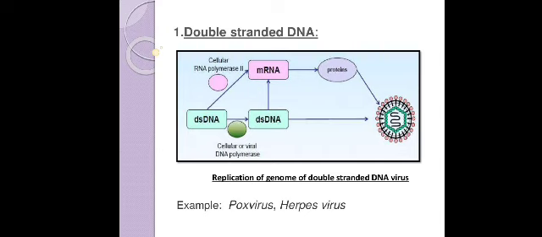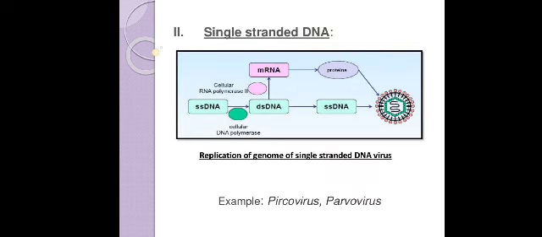This mRNA synthesizes a protein, and this double stranded DNA is the nucleic acid for the double stranded DNA virus. After synthesizing the protein, it will assemble to form a virus structure. Here you can see the replication of the genome of a double stranded DNA virus. Examples are pox virus and herpes virus.